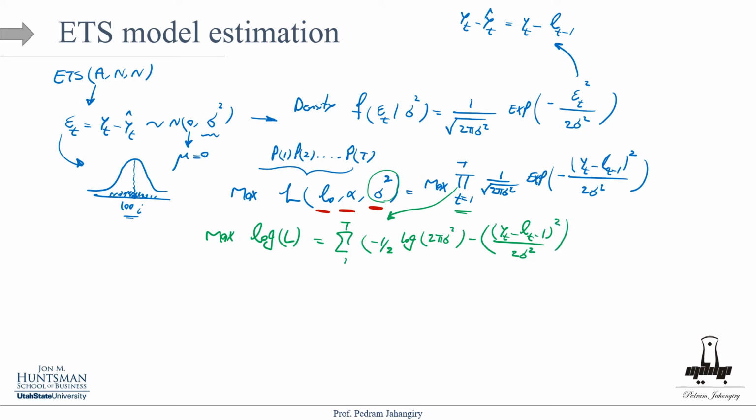Okay, so yeah, this is it. We are maximizing the log likelihood given these parameters L0, alpha, and sigma squared. Right? So we're done. Basically, doing this optimization, we are going to end up with optimal values for L0, alpha, and sigma squared.